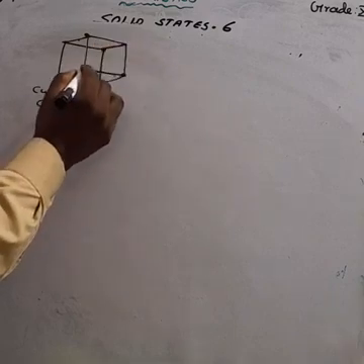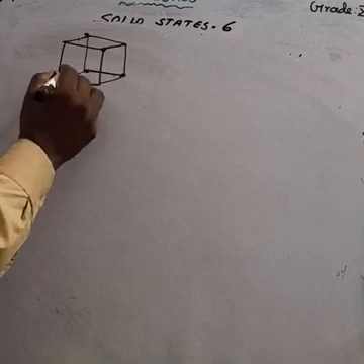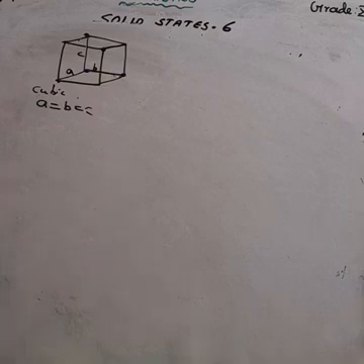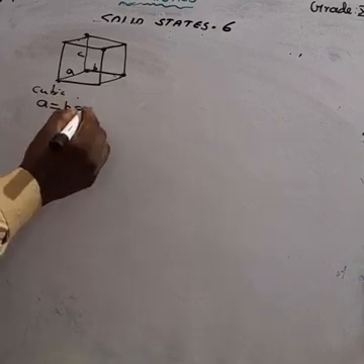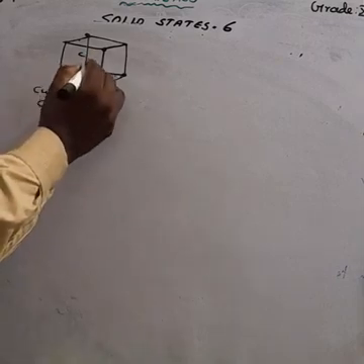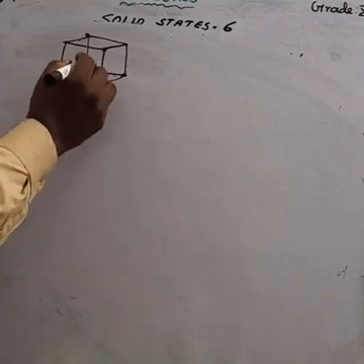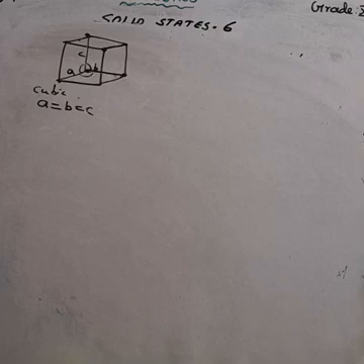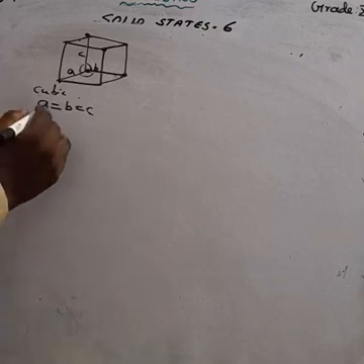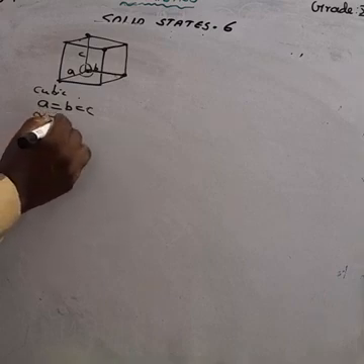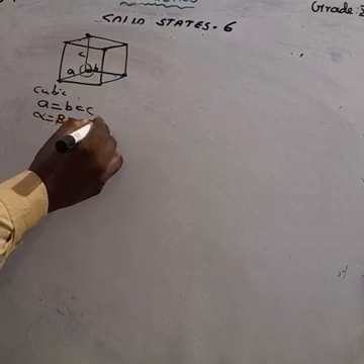Here this is a, this is b, this is c. So a is equal to b, and b is equal to c. Each of these angles is 90 degrees. So a equals b equals c, and alpha equals beta equals gamma, equal to 90 degrees.